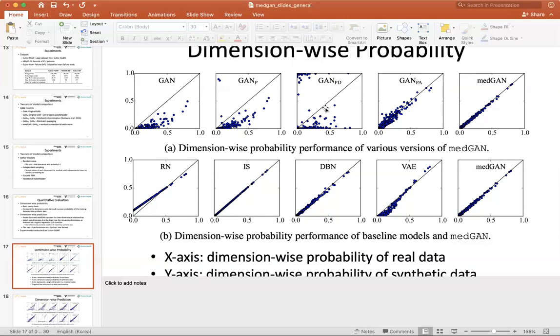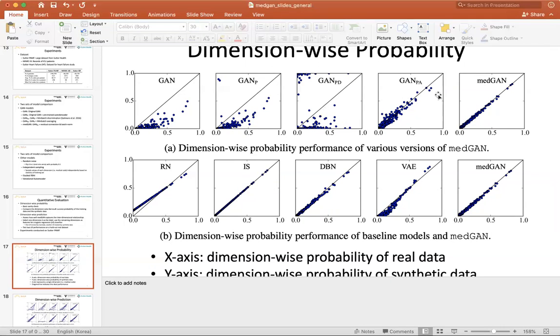And if you use mini batch discrimination, which was proposed in the image domain, it doesn't work very well compared to mini batch averaging. So it's not a good idea to use techniques that were developed specifically for images. It's not going to work on tabular data.